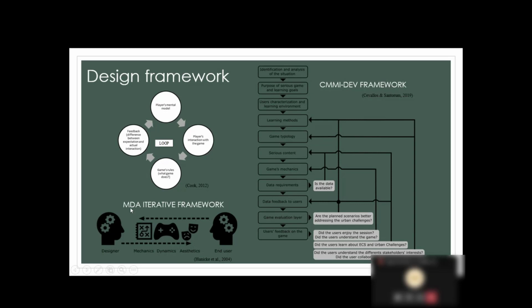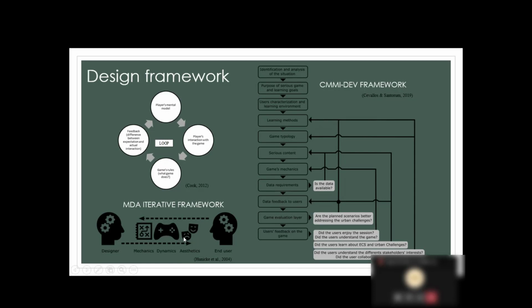Another framework is the mechanics, dynamics, aesthetics, iterative framework, which divides the game into mechanics, dynamics, and aesthetics. The mechanics are basically the rules of the game, what the designer does. The dynamics are the interaction between the rules and mechanics of the game and the users, the players.